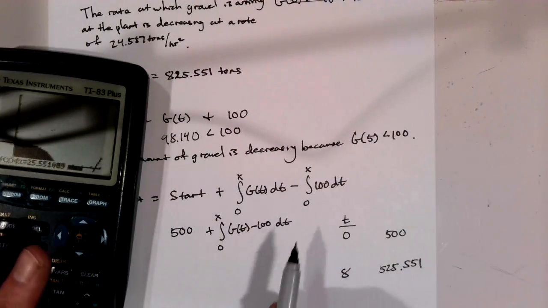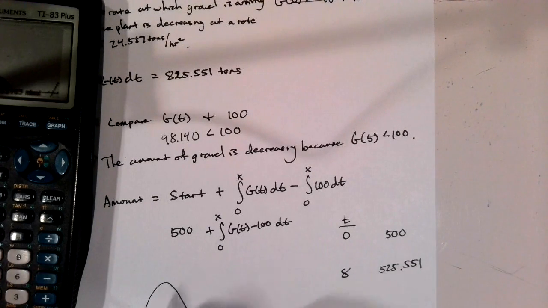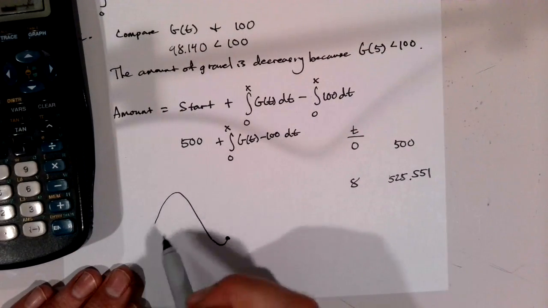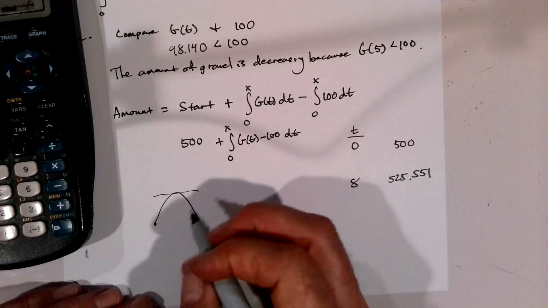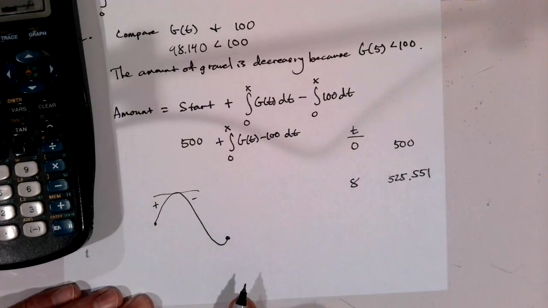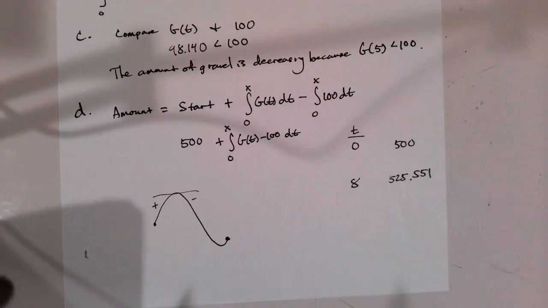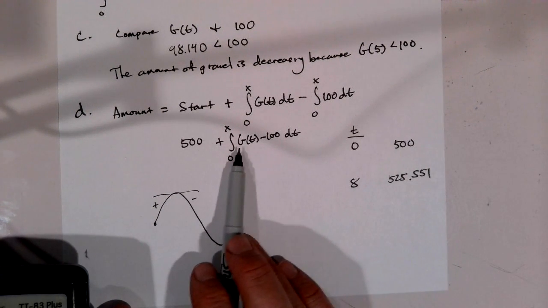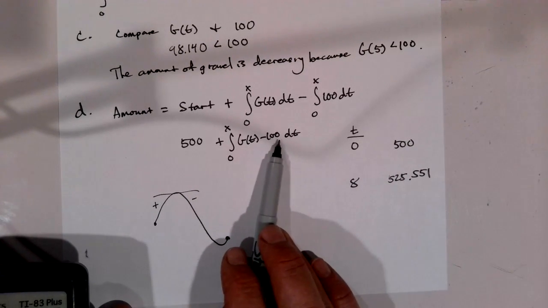But when you're checking for absolute maximums, remember, you have to check this endpoint, and this endpoint, and you have to check where you have a local maximum. The local max occurs when the derivative is equal to 0 and it changes from positive to negative. If we think about the derivative of this amount, the derivative of the 500 is 0, the derivative of the integral is just G, and the derivative of the 100 term is 0.